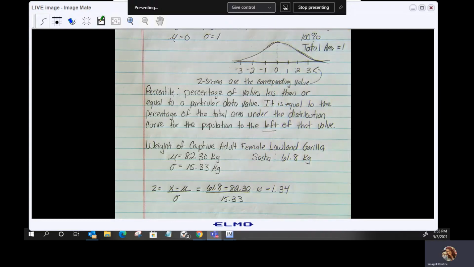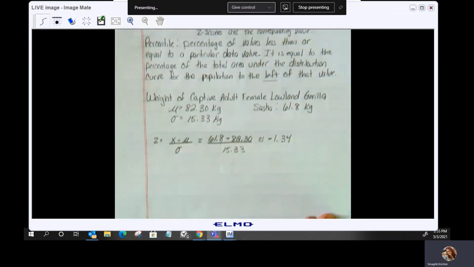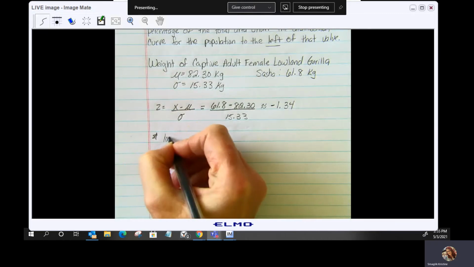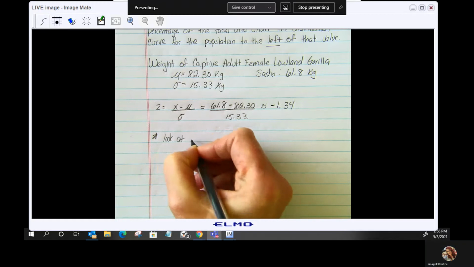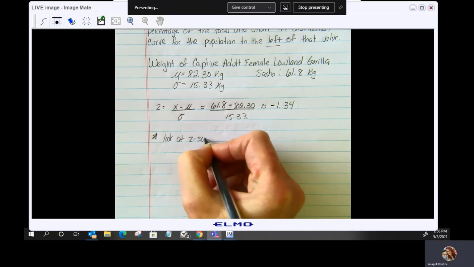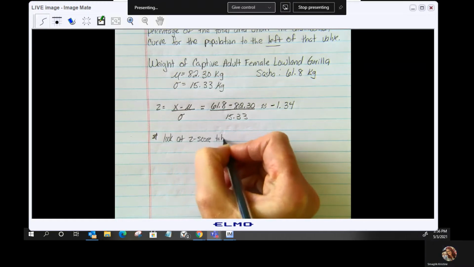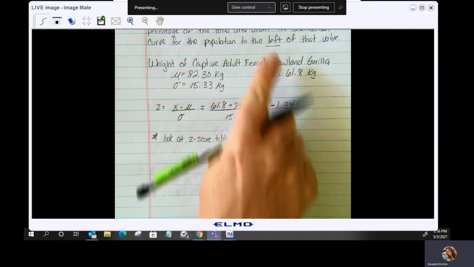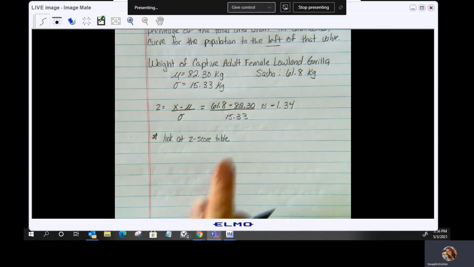So this is the point where you might want to make yourself a note. This is where you're going to look at the z-score table. That's not a nice even number. It's not a -1 or -2 where we could easily determine the percentage.